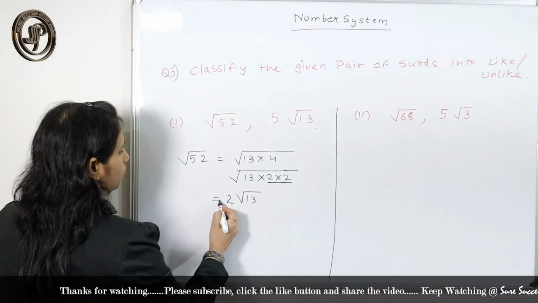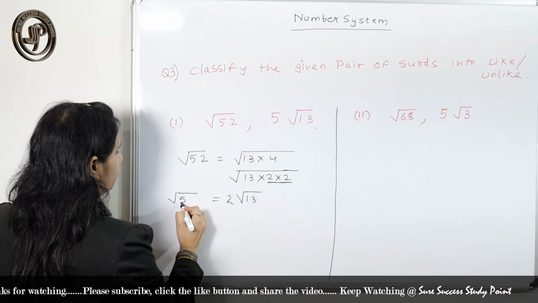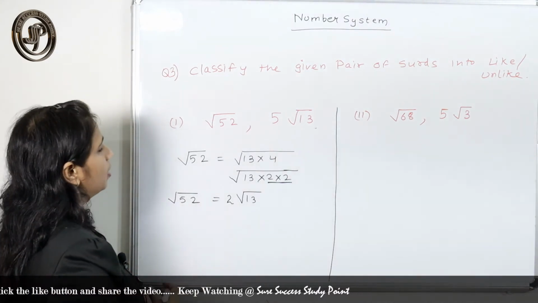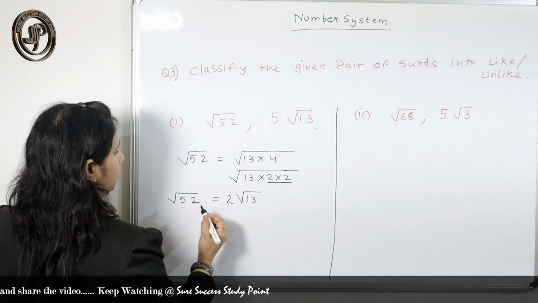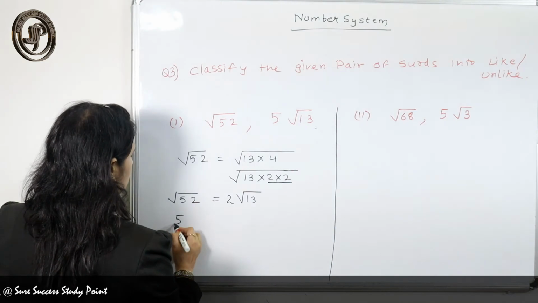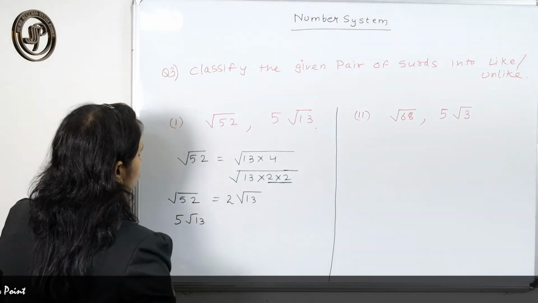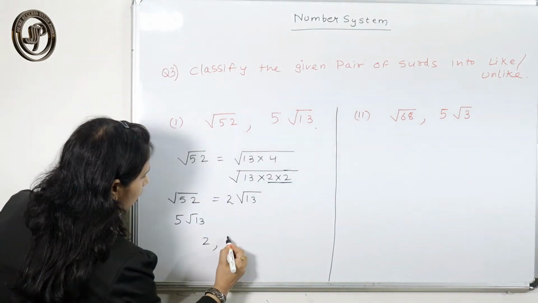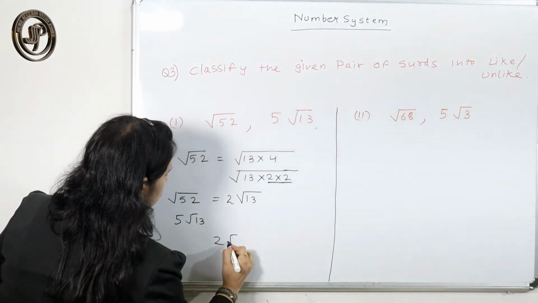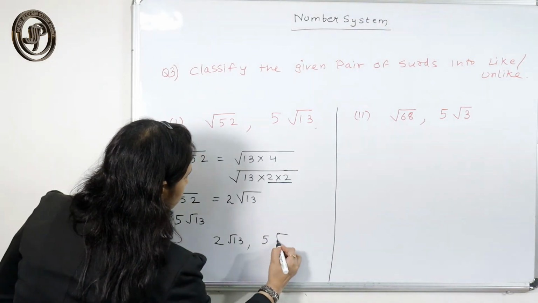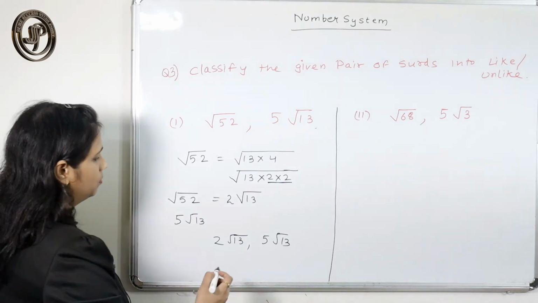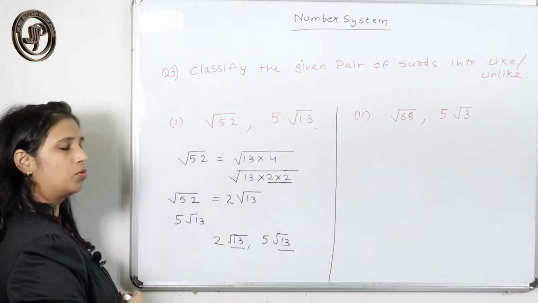So root 52 you can write as 2 root 13, and your next term is 5 root 13. So the pair is 2 root 13 and 5 root 13. These are like surds because of root 13 and root 13.